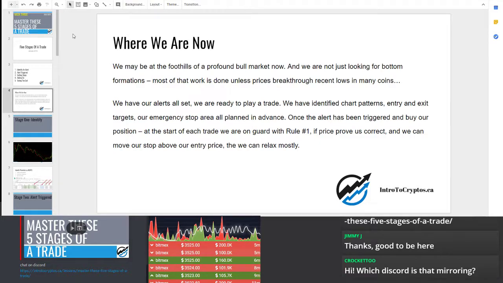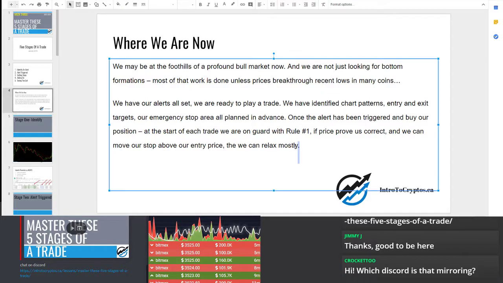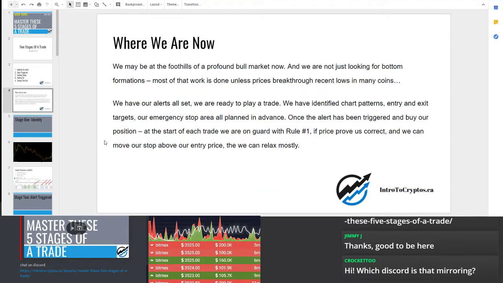Many of the alerts have been triggered, and as the alert is triggered, we are on guard right away with rule number 1, watching to be sure that we only keep a trade that is proven as correct. Once it's proven as correct, we move our stop above our entry and we can mostly relax. So that's pretty much where everything is right now in our actual trading.